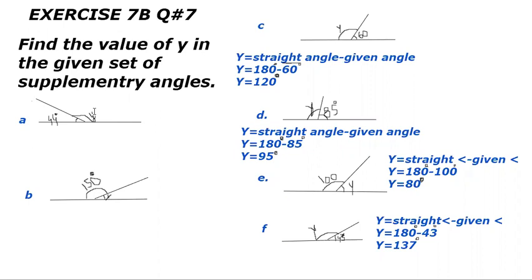Two angles are supplementary if their sum is 180 degree. I will solve this question by using a formula, and the formula of supplementary angle is: y is equals to a straight angle minus given angle.